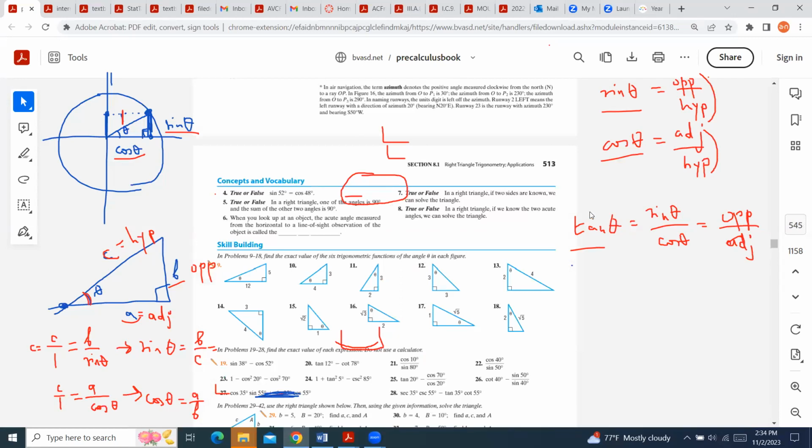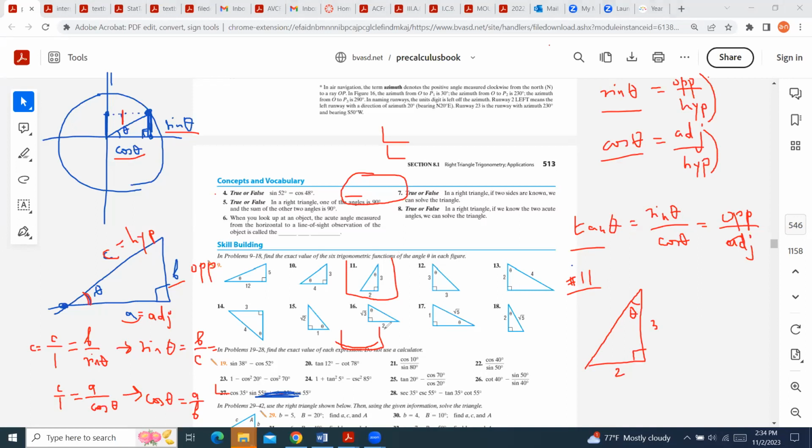So here's the set of exercises, and they give you various trainings. For example, if I try problem number 11, in this exercise they gave me a triangle that has a 90 degrees angle and 2 sides. One of them is 2, and the other is 3, and they also call this angle theta.